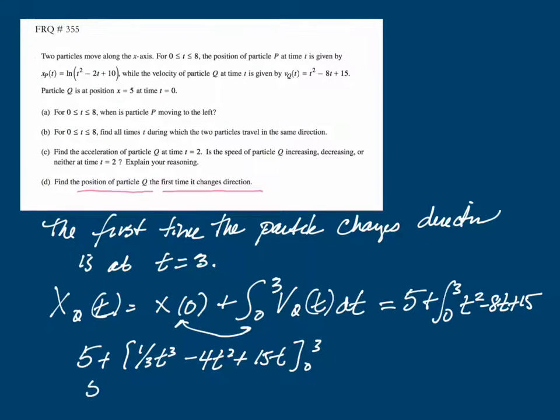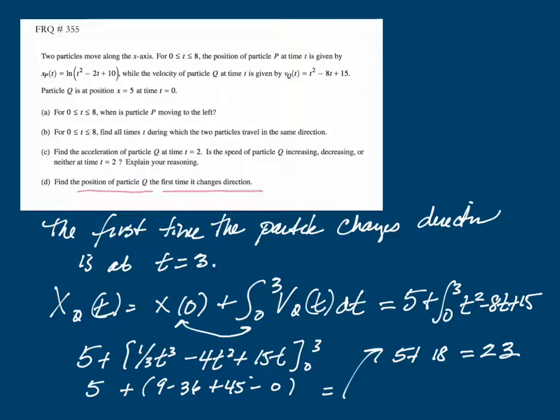So that would be 5 plus 9 minus 36 plus 45, and then minus 0. So we get 5 plus 18, which is 23. So the answer to that was 23.